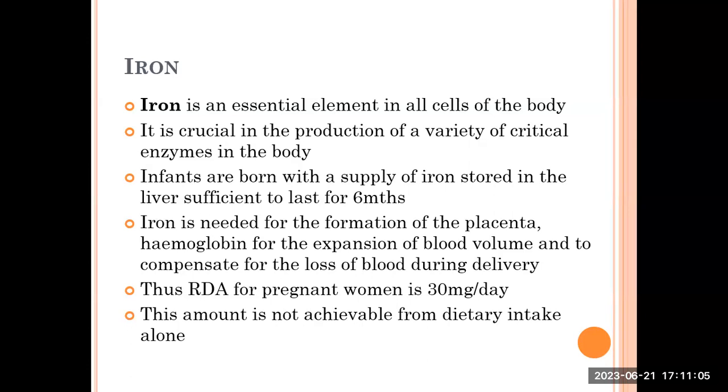Otherwise, the baby will eventually become iron depleted. And that is also the reason why most of our children after the exclusive breastfeeding period become iron deficient, and you get them becoming anemic and so on. Children around that age are highly, highly anemic because they don't even get enough stores from the beginning and not enough also from the breast milk. So we need to have that in the woman.